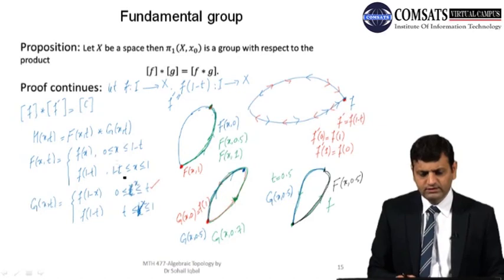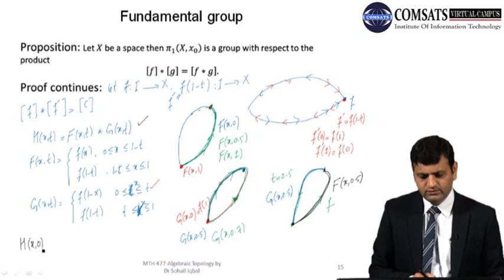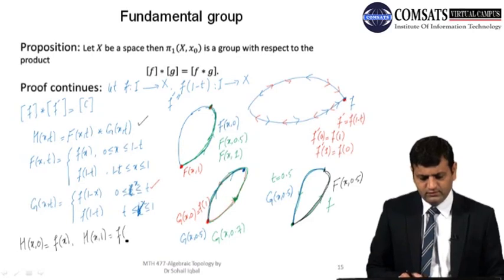So this is the situation when t is equal to 0.5. Now this h of xt is continuous because f and g are continuous. Also let's see what h of x0 is: h of x0 is going to be f of x, and similarly h of x1 is going to be equal to f of 1 minus x.